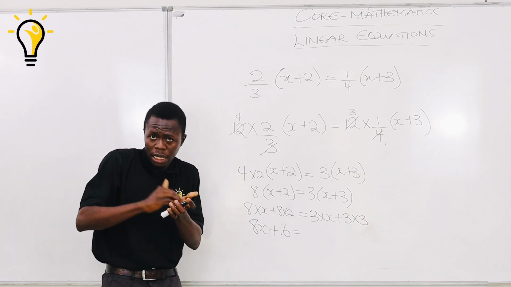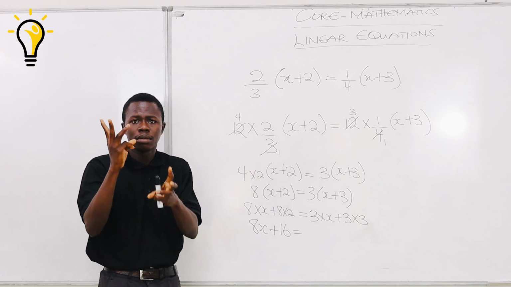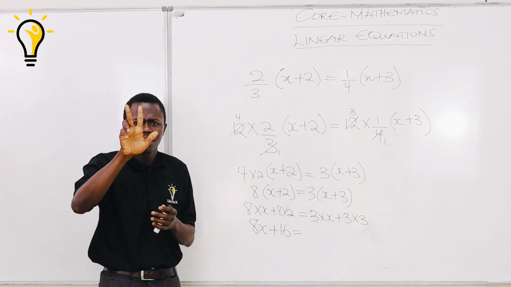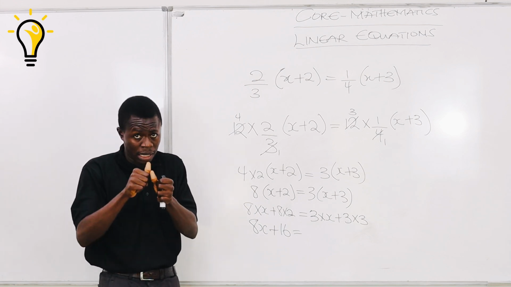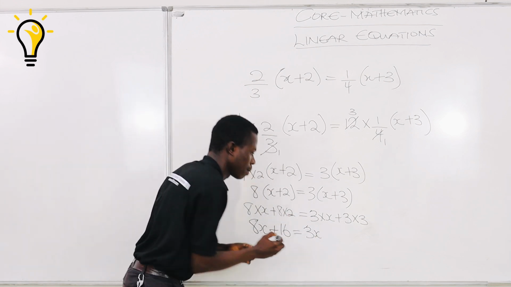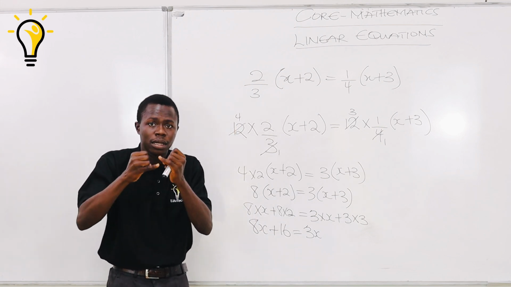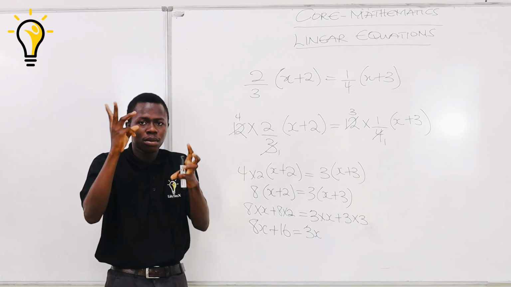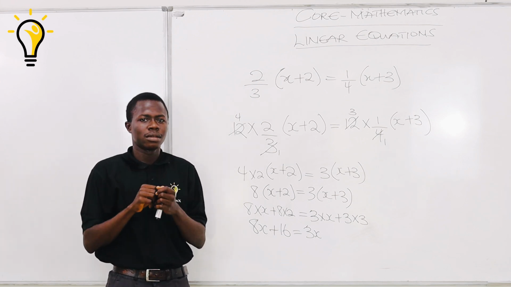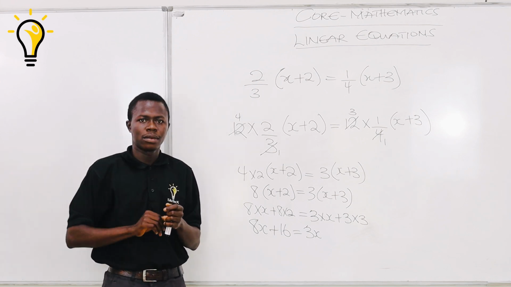Then we move to the other side. 3 multiplied by x gives us 3x. And then the last expression, 3 multiplied by 3, and the answer is 9.